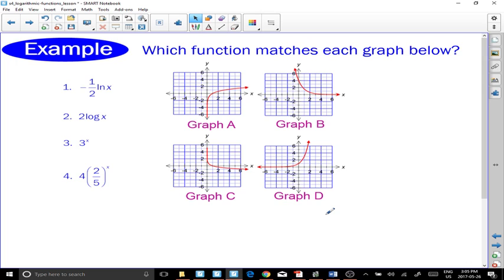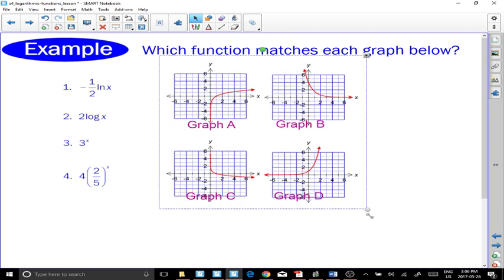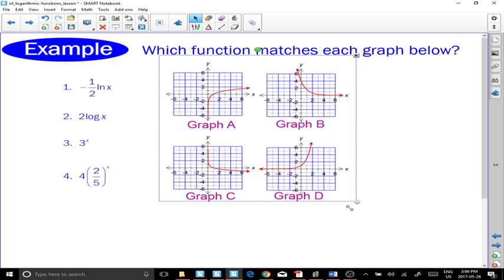Graph B and graph C, you say. B and what? D. If we're looking at the actual graphs themselves, it's graph B and graph D because they both go through the y-axis.